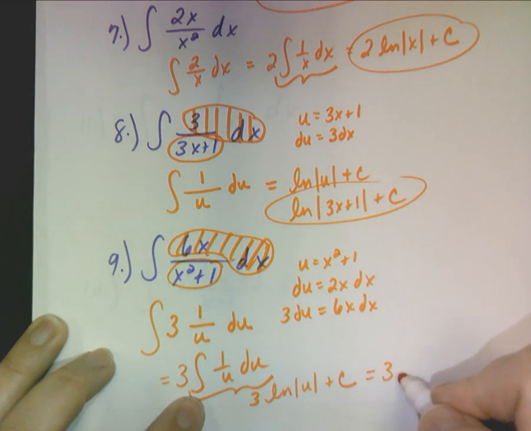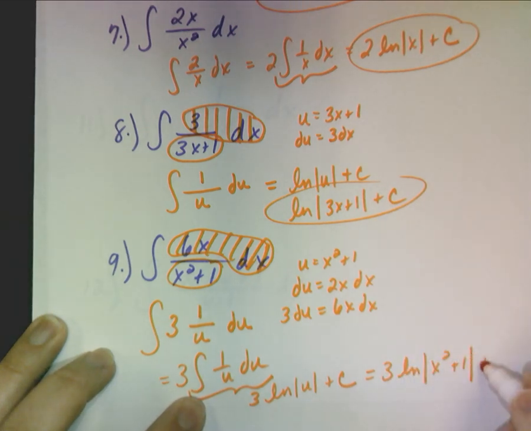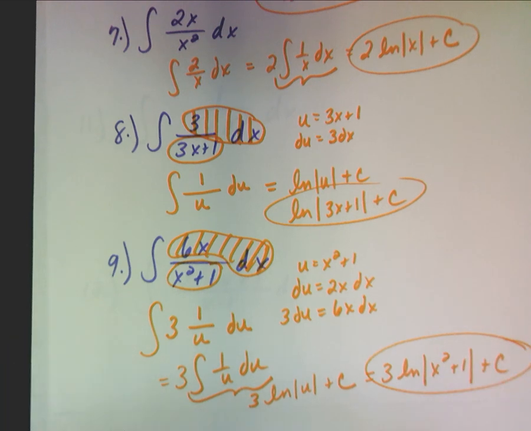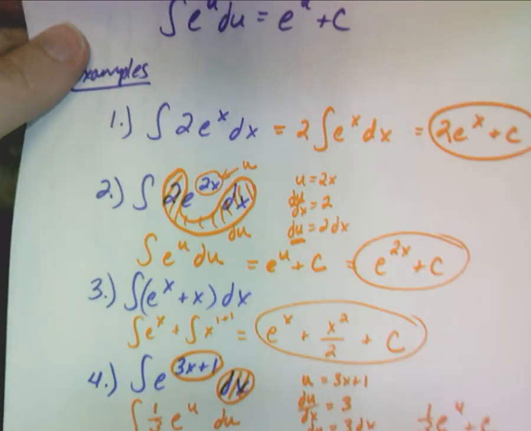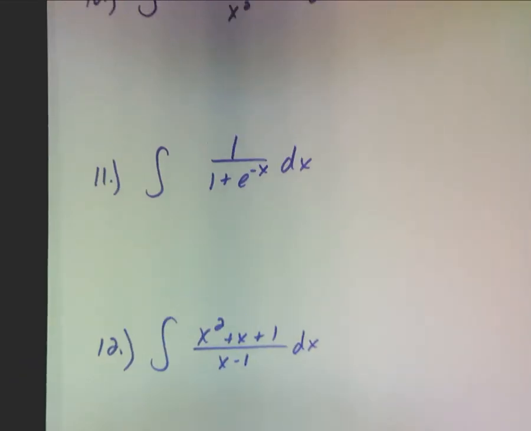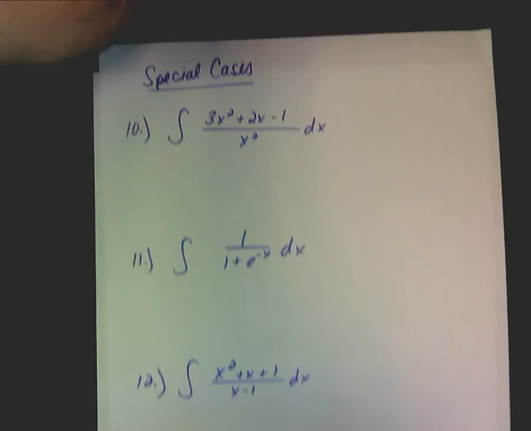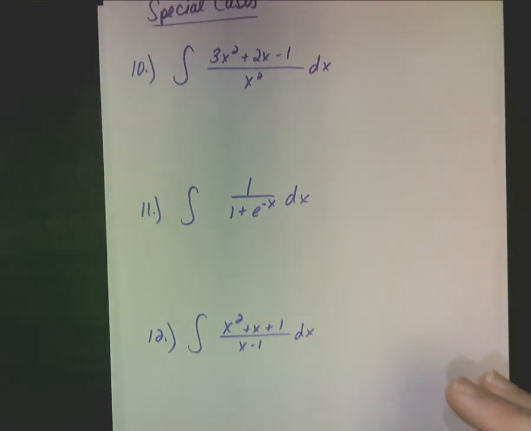So I would rewrite it now as 3 times the ln of x squared plus 1 plus c. Alrighty, that's very fast. I've got 3 separate cases to show you. Okay, very important. These are 3 problems that will be in your homework tonight. So please watch what I do for all of these.